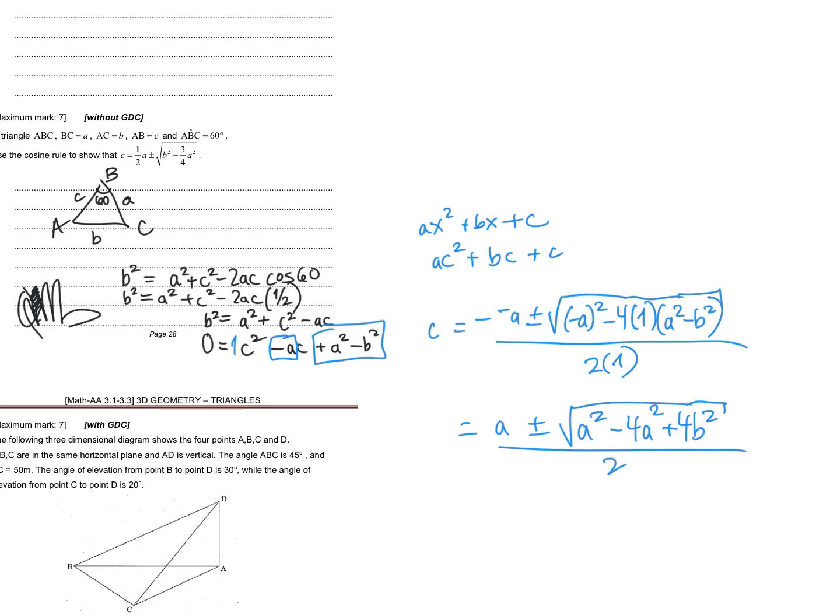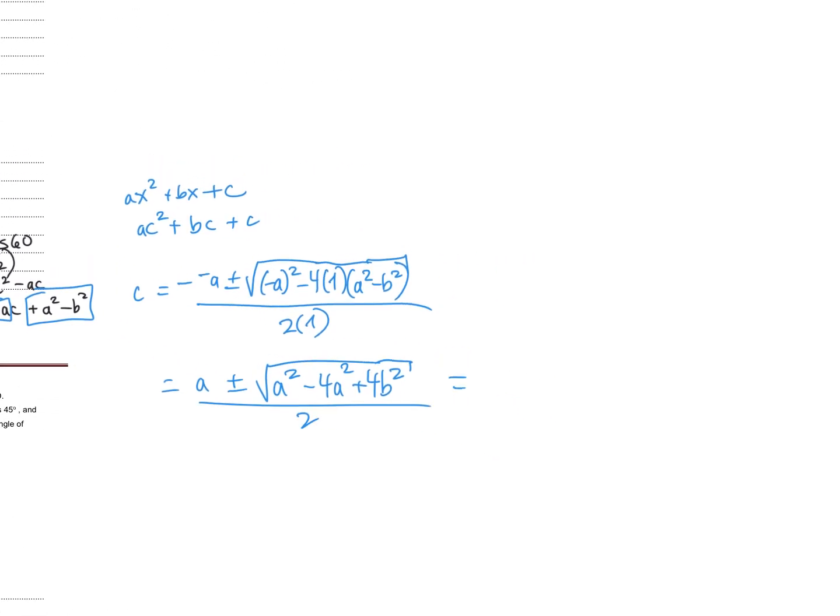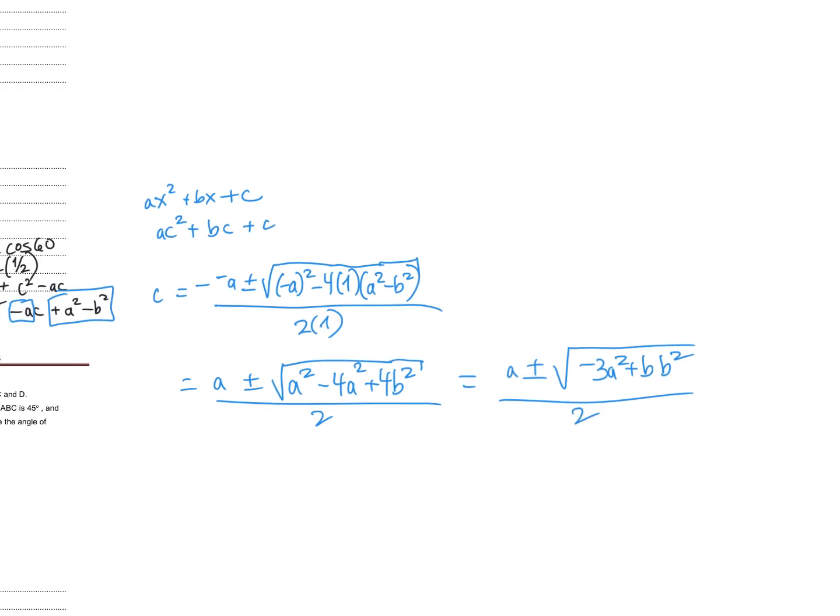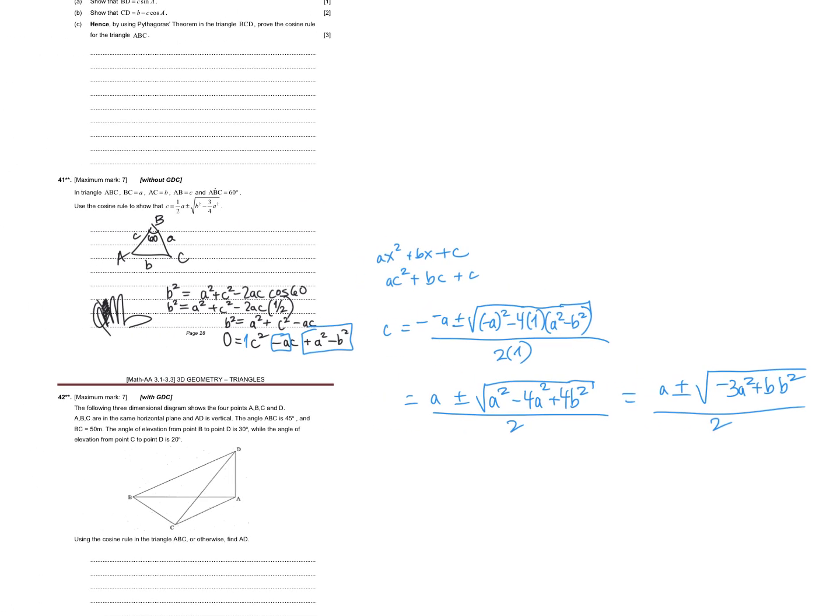over 2. So then we're going to have negative 3a squared plus 4b squared over 2. And if you look back at the thing, we want to get the 4, divide by 4. So here we have 1 over 2a plus or minus. When we bring this 2 under the square root, it becomes 4.